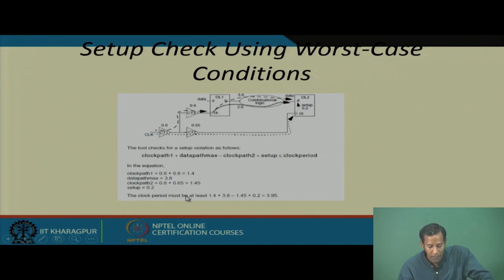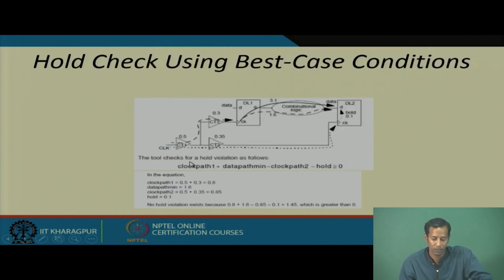So, the clock period must be at least clock path 1 plus data path minus clock path 2 plus setup, which is 3.95. So, the minimum clock period should be 3.95 to meet all constraints in this particular circuit.